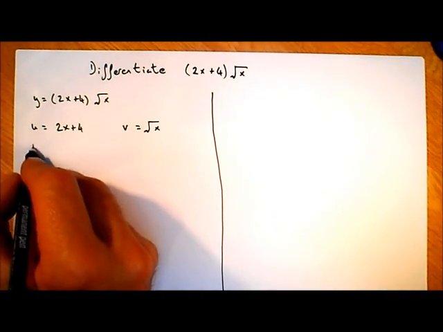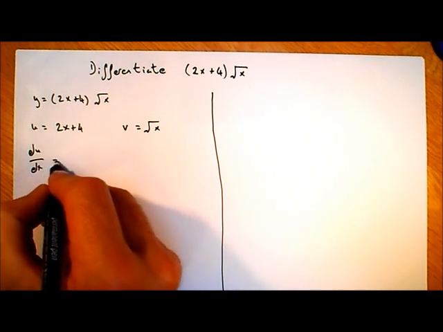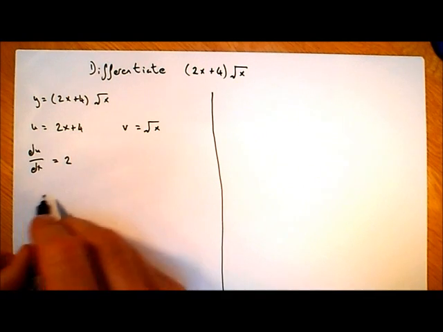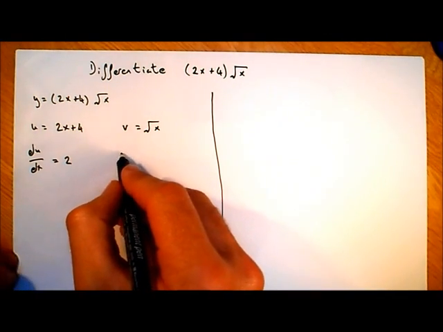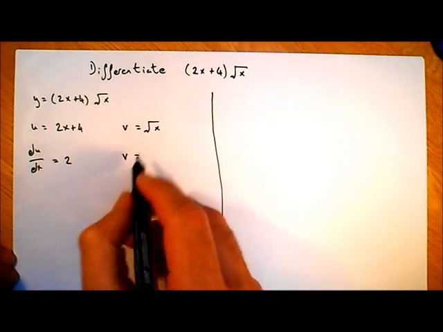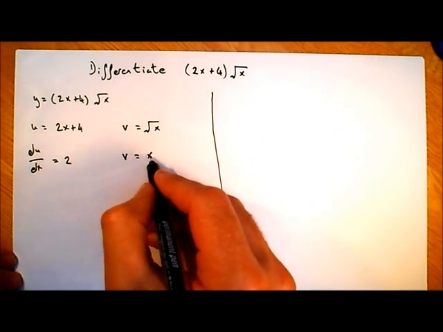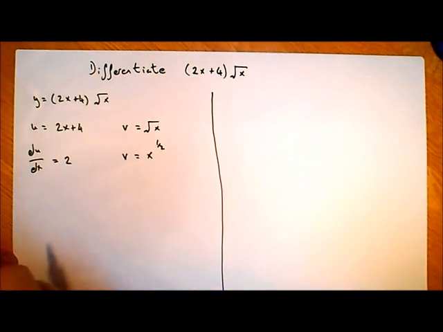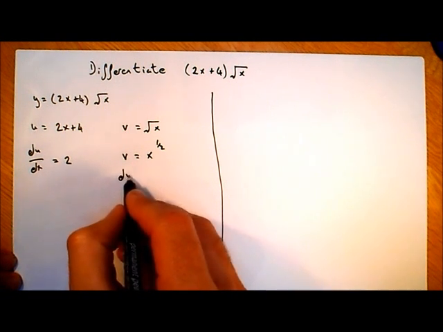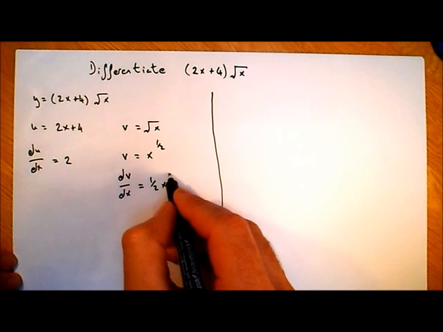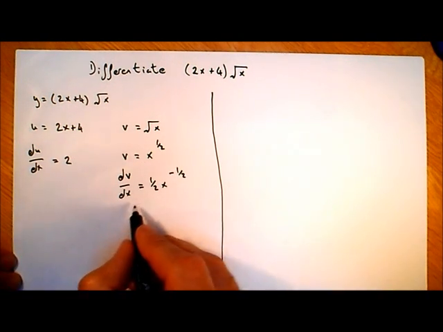Here I can find du over dx: differentiate 2x I get 2, differentiate 4 I get 0. Be careful here: before I differentiate the square root of x, remember to write it first as x to the power of a half. Now I can find dv over dx. I differentiate and get a half x to the power of minus a half.